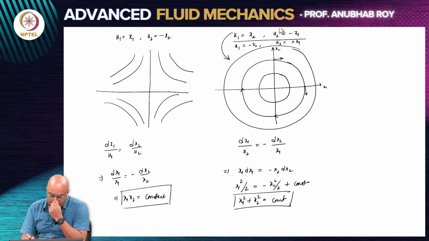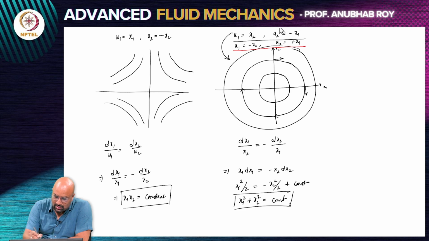Obviously you can see that if you take the case which is in the bottom, the velocity along the x2 axis, which is where x1 is equal to 0, is minus x2, so it points to the left, and if you were on the x1 axis, the u2 velocity would be up.